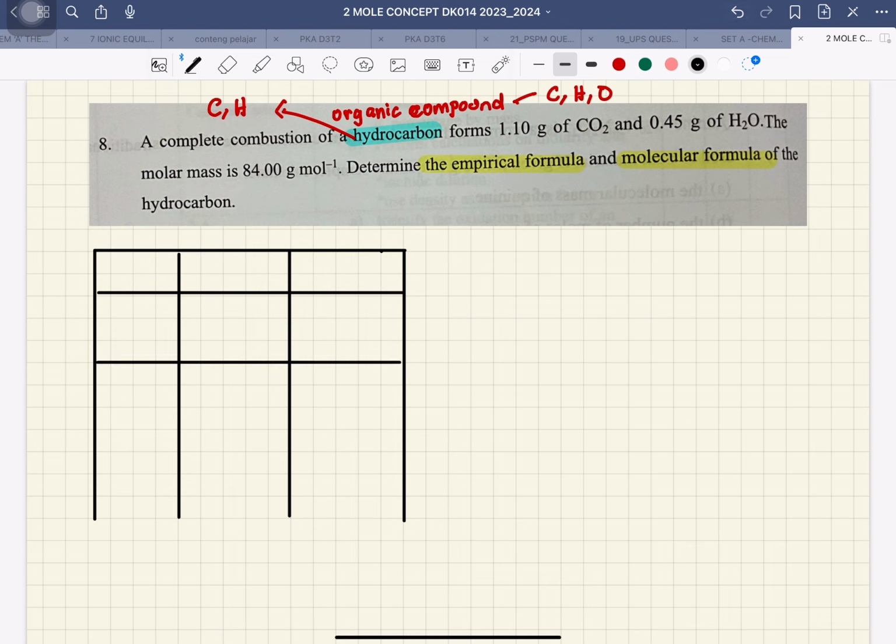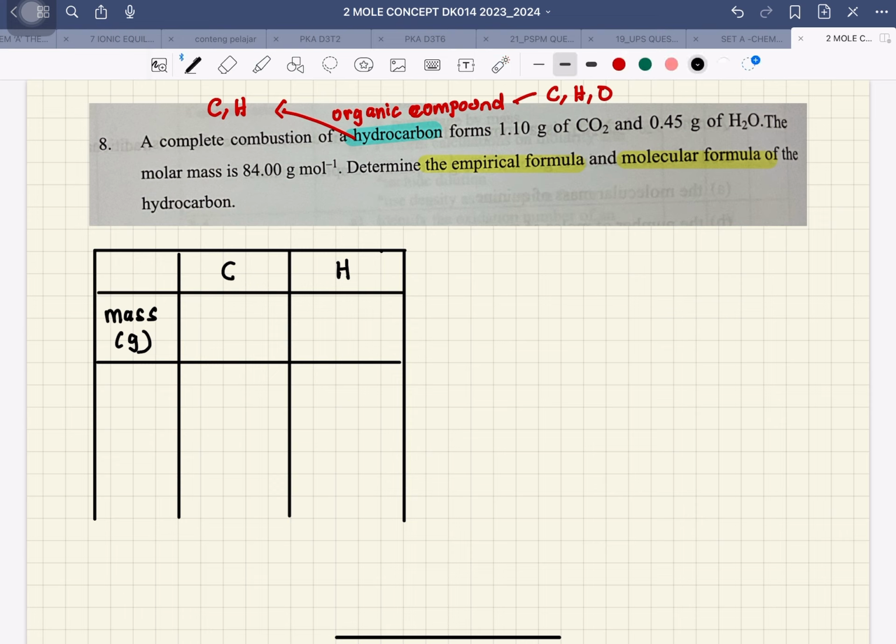Since it's a hydrocarbon, it only contains carbon and hydrogen. Because this is Marmora, we are going to start with mass. Please write the unit G. What we have to do next is to find the mass for carbon and also for hydrogen.